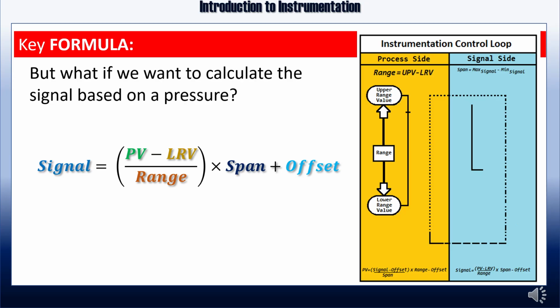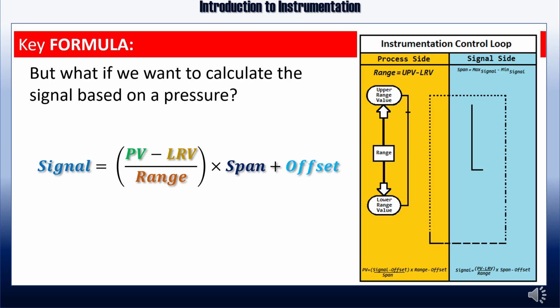If we want to calculate a signal based on a pressure, or a signal based on a process variable value, we simply do this. First, we take the process variable and subtract from it any lower range value, because we're dealing with the change that we're measuring. The lower range value is fixed.